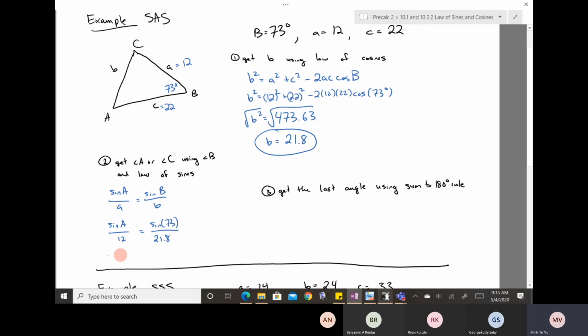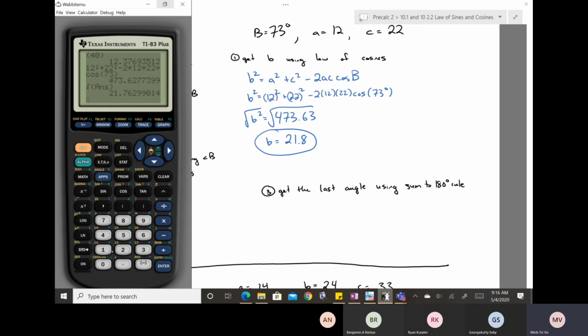So sine A is equal to, the 12 multiplies over.